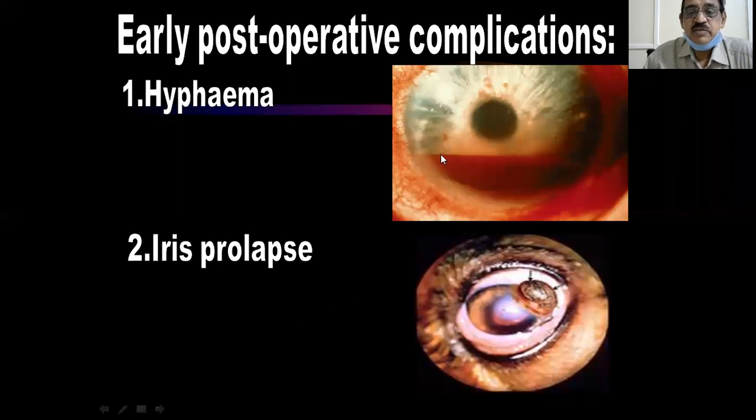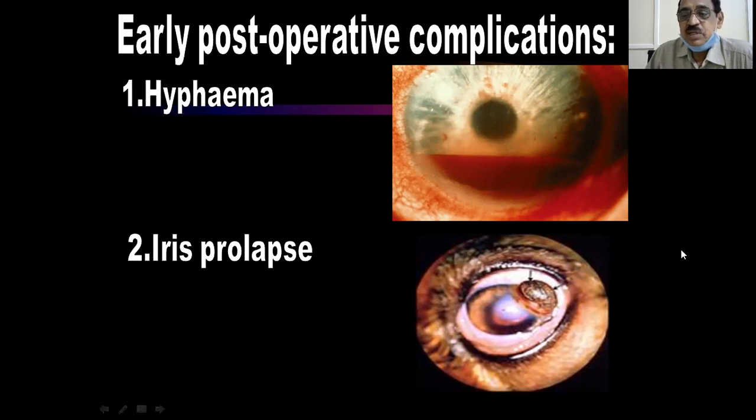And this can give rise to secondary glaucomas. And iris prolapse: suppose it is a fresh iris prolapse, we abscise and deposit back the iris. And if it is an old iris prolapse, we abscise the iris and put a suture at the particular place.